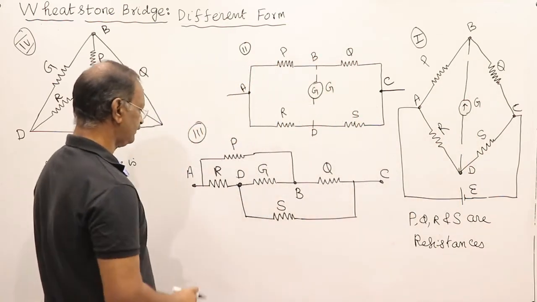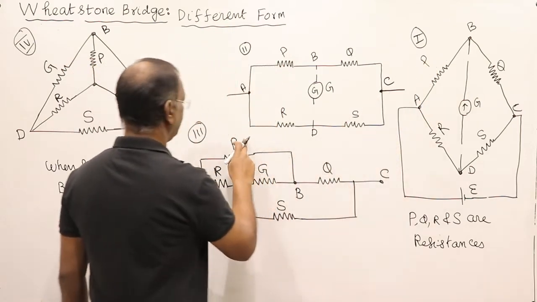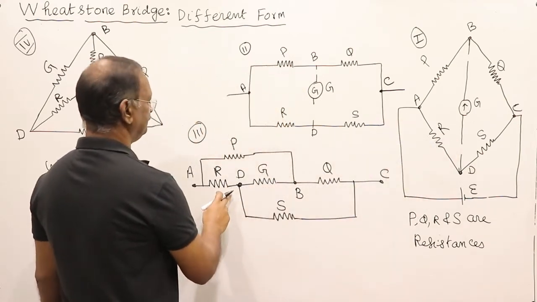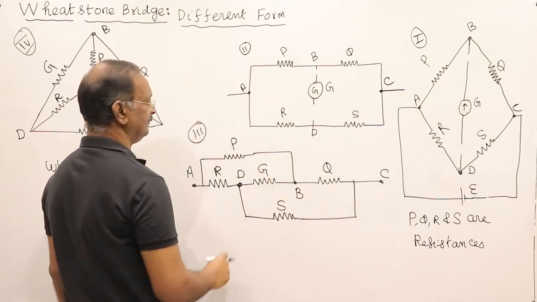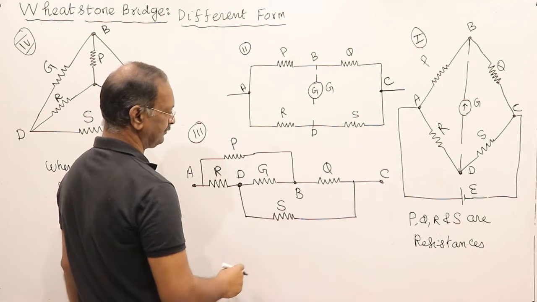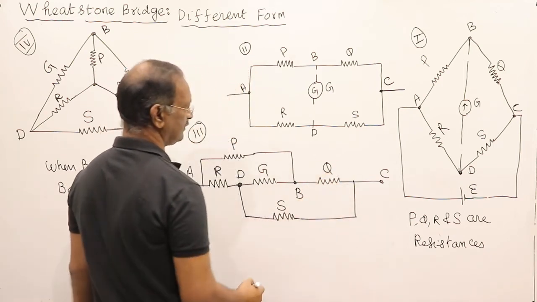Second one: between A and B, P is connected. Between A and D, R is connected. Between D and C, S is connected. Between D and B, the galvanometer is connected. And between B and C, Q is connected.